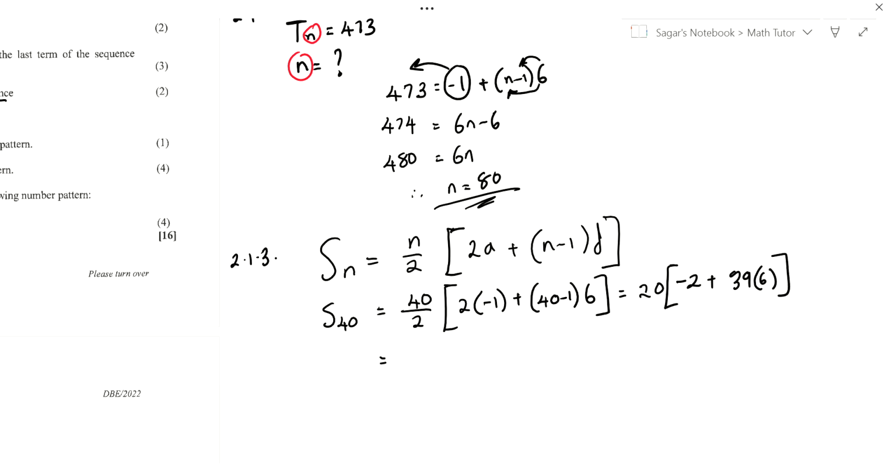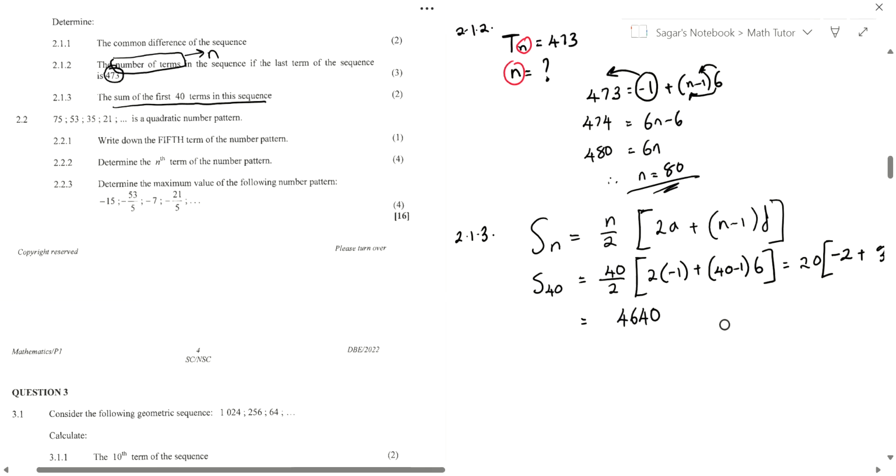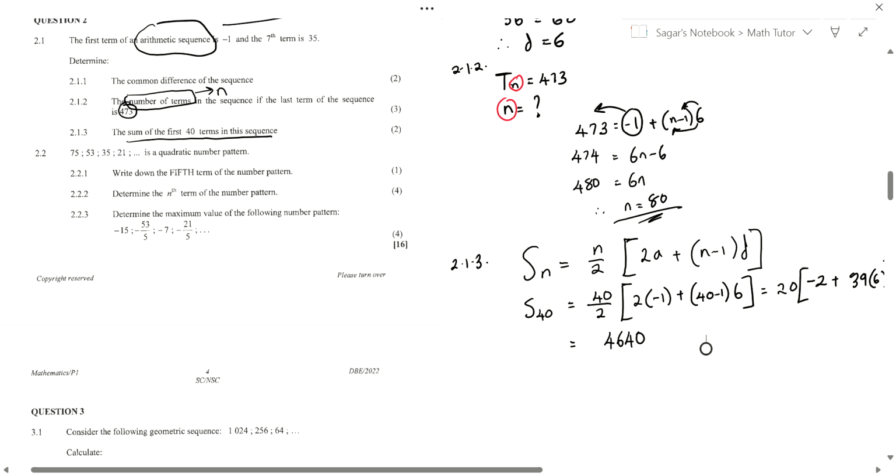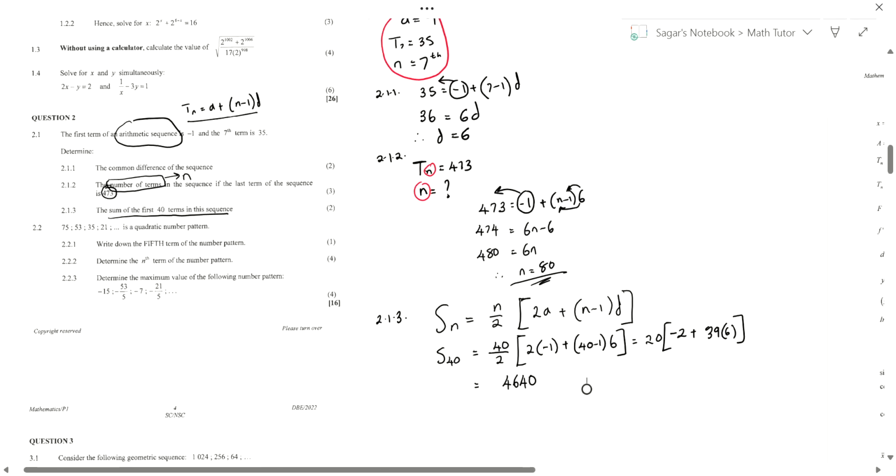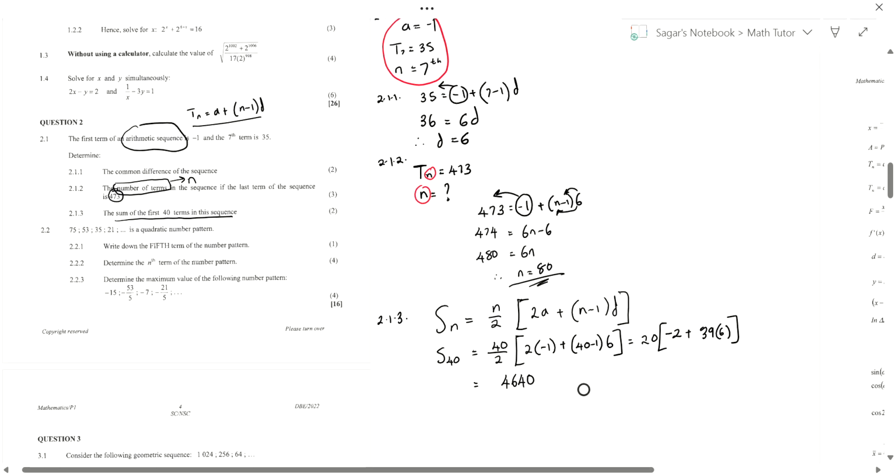And that you can put into a calculator. For 640. Okay, that's it. So you should be getting these full 8 marks.